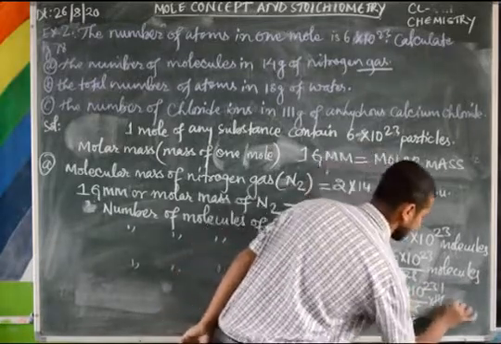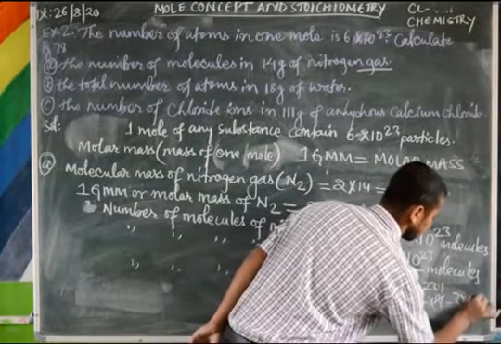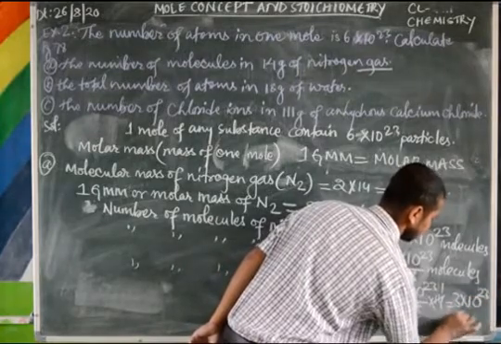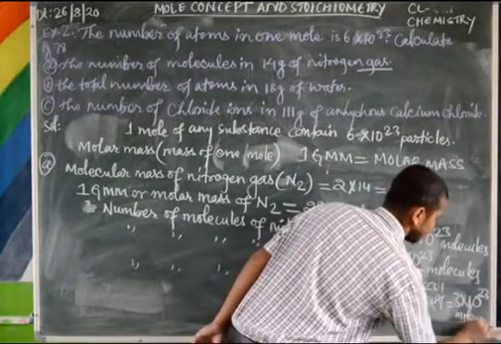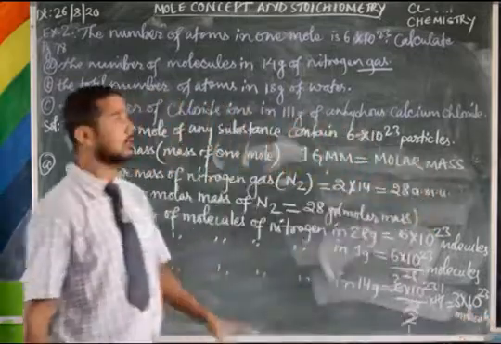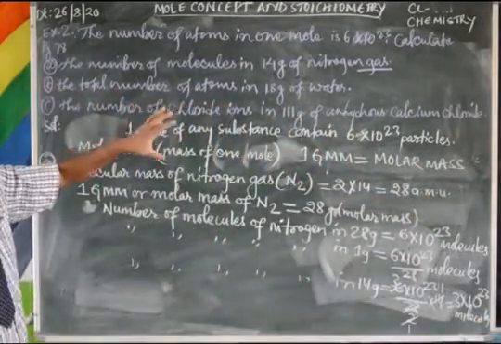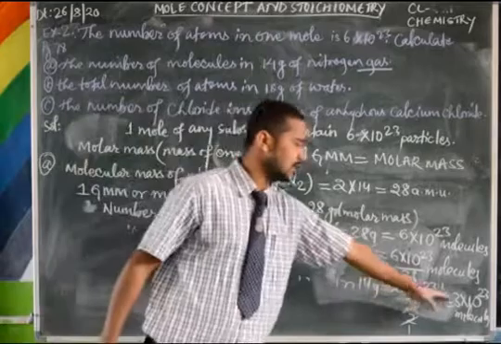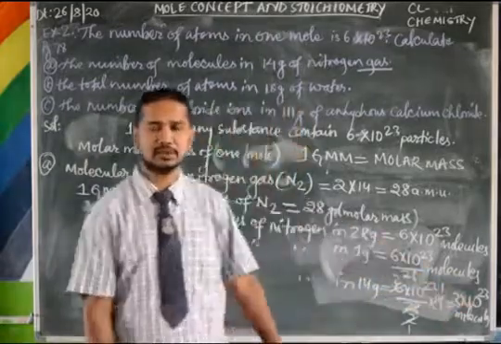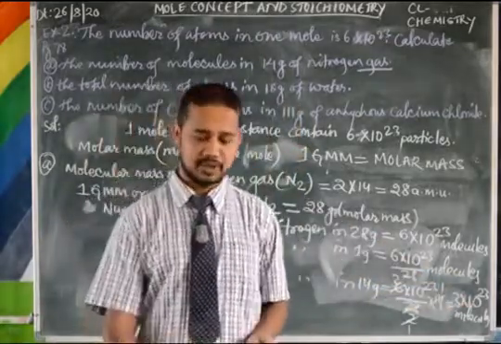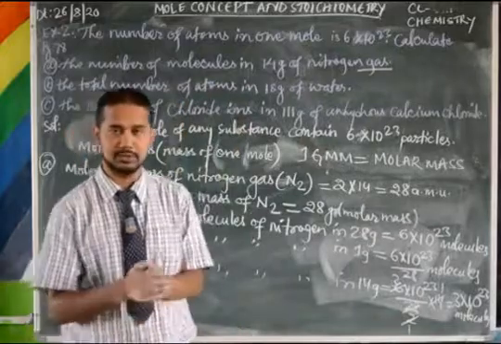That means 3 into 10 to the power 23 molecules. So 14 gram of nitrogen gas will have 3 into 10 to the power 23 molecules. Half.